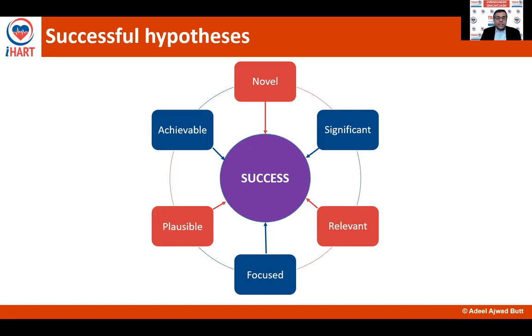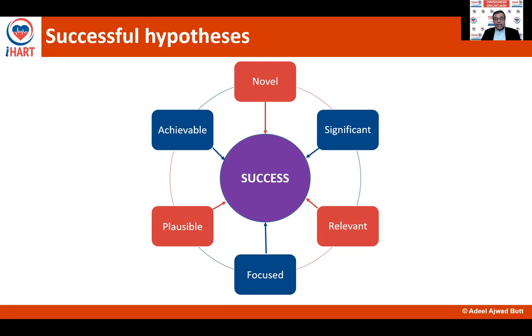What are the characteristics of a successful hypothesis? A successful hypothesis is novel, meaning it generates novel or new data or new information. It is significant for your patients, for your population, maybe for population at a large level. It is relevant to the context that you're practicing medicine.